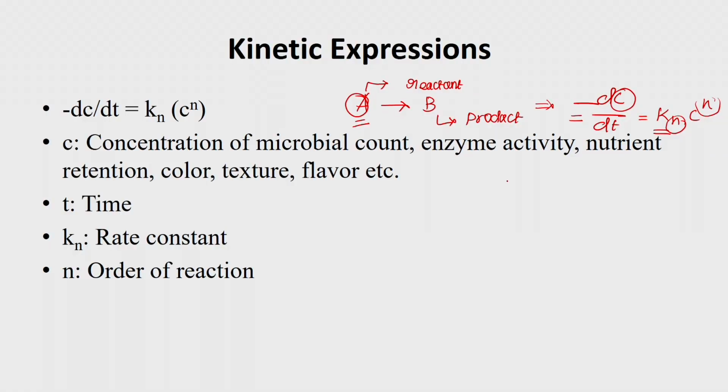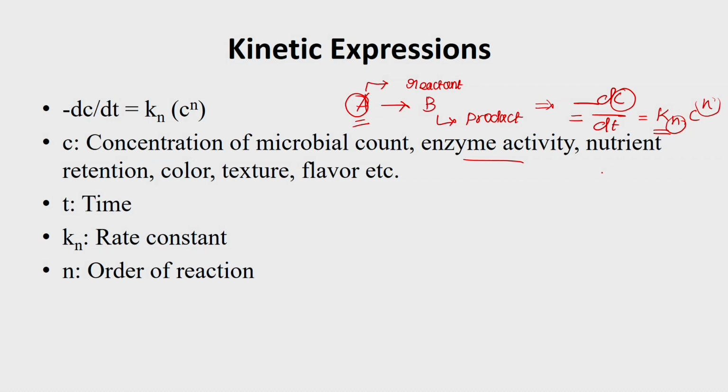Sometimes it may be the enzyme activity, which is also related to food processing. When I kill a particular cell concentration at a particular time and temperature, how my enzyme activity of the food is getting changed. So the C may be enzyme activity as well.